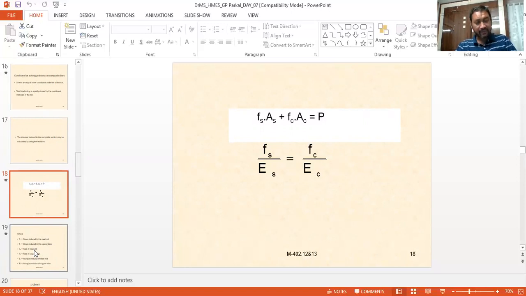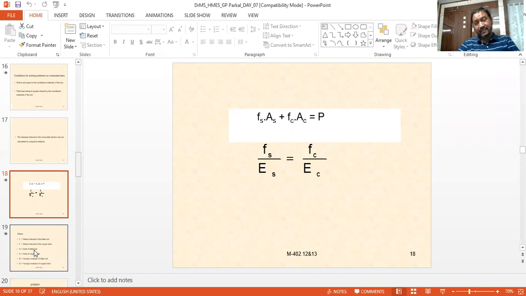In this example, the composite bar has two materials, one is steel and the second one is copper. So the first condition is the strain in steel equals the strain in copper.